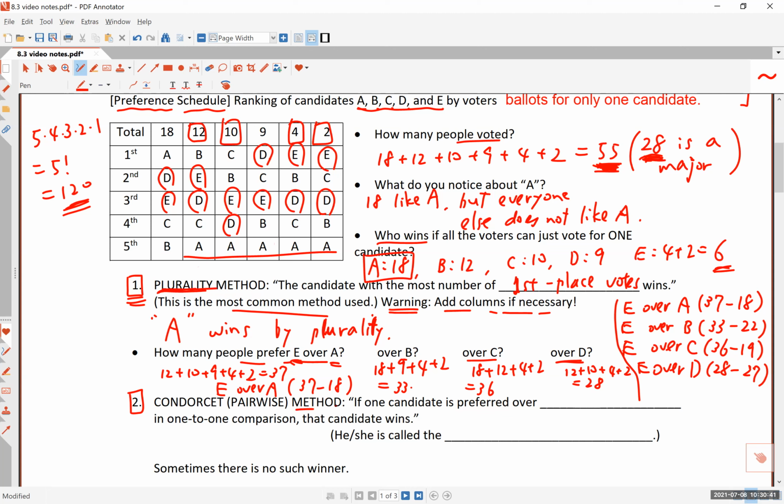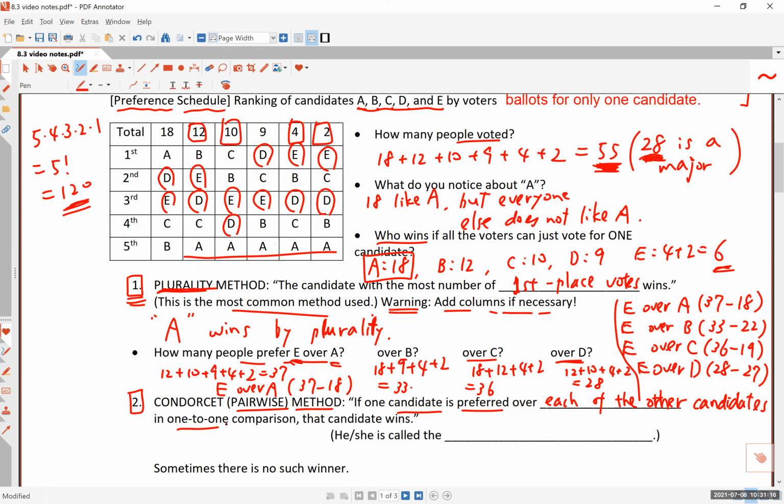Okay, that method is called the Condorcet method or pairwise method. So if one candidate is preferred over each of the other candidates in one-on-one comparison or pairwise comparison, then that candidate wins.